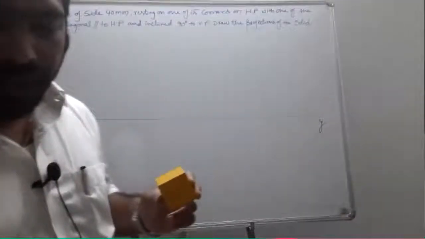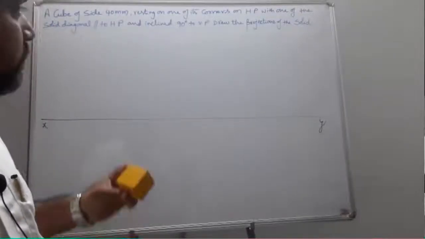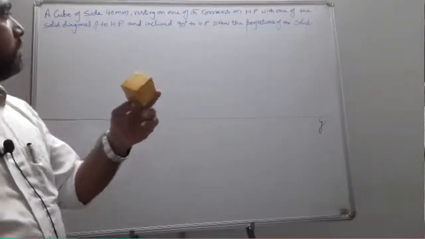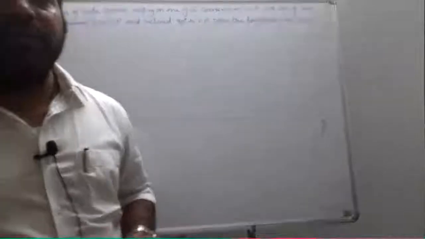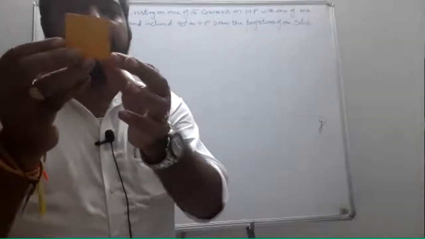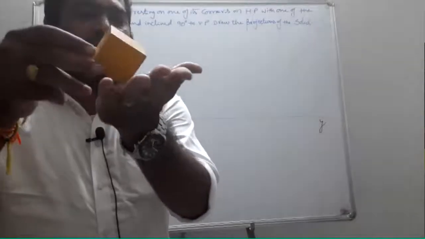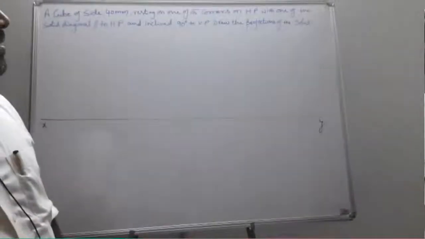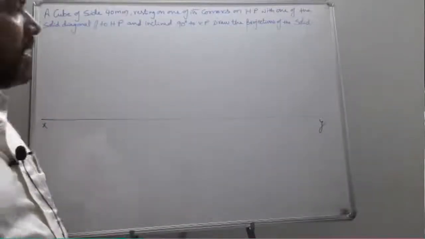A cube of side 40 is given, resting on one of its corners on HP. Let us consider any corner, I just consider this corner, resting on HP, with one of the solid diagonals parallel to HP.